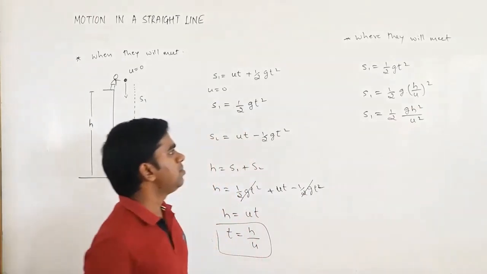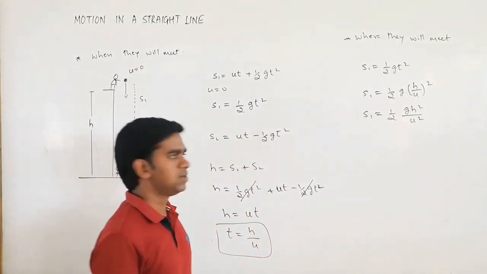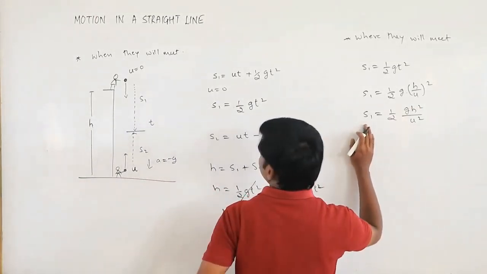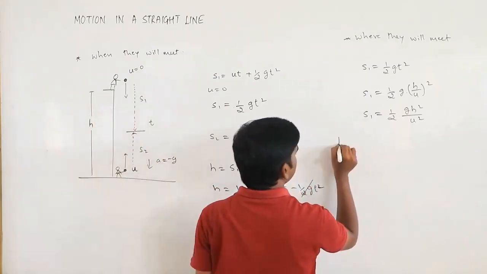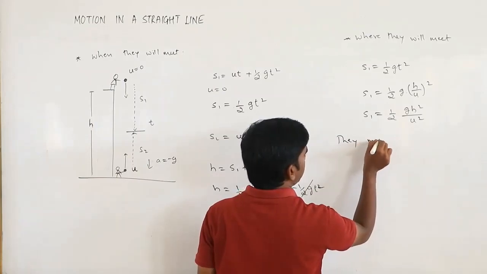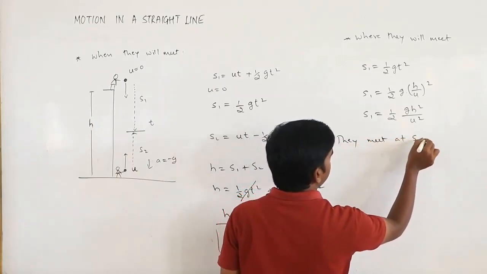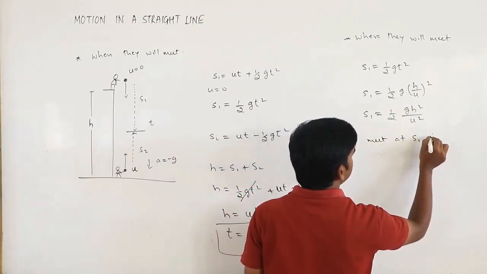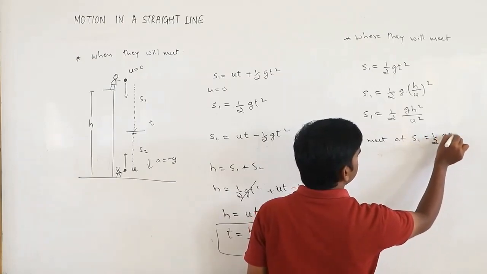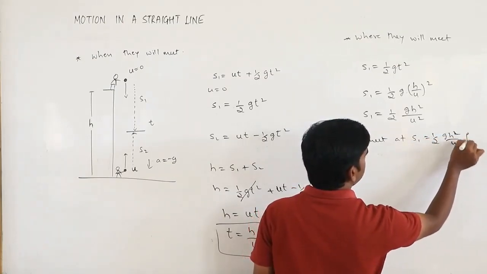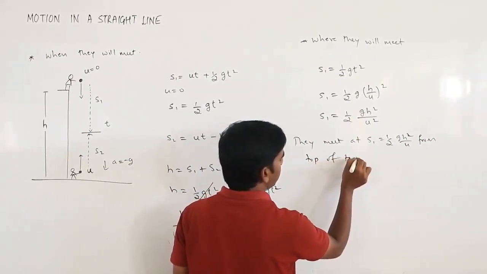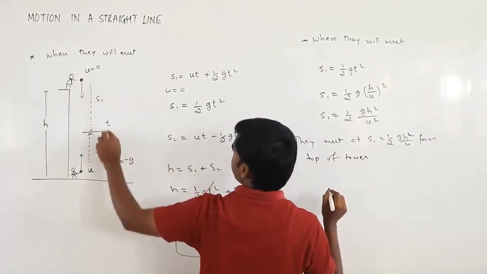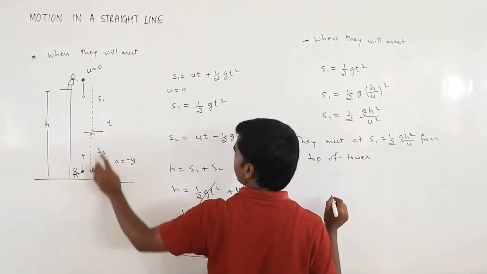So they meet at S1 equals half g H square by u square from the top of the tower.